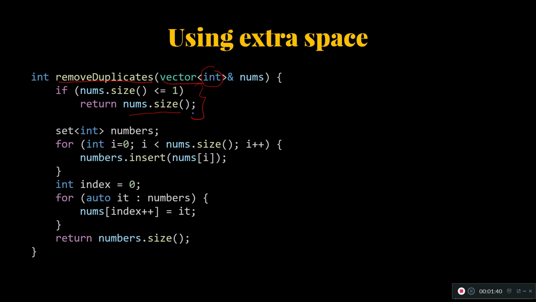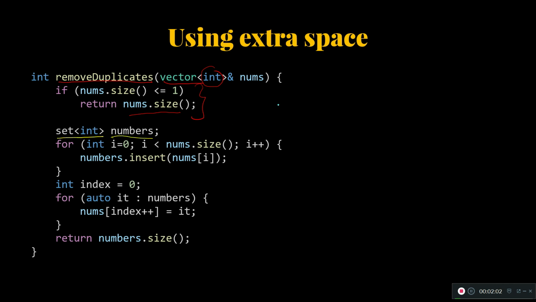By taking extra space. We know in C++ we have something called sets, which basically store any kind of elements without having any duplicate. So if we try to insert duplicate elements, it will only keep the one element and not keep the other elements.